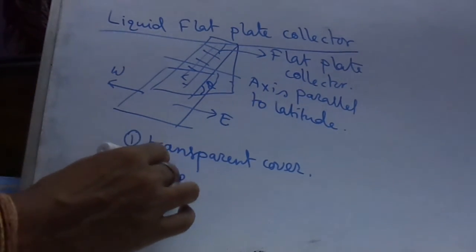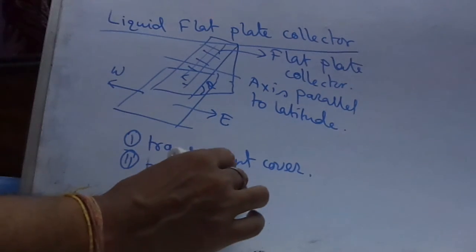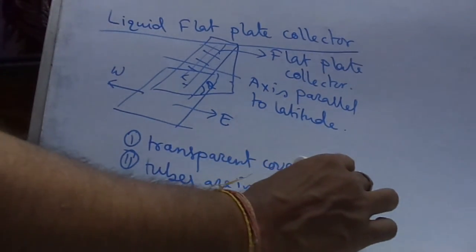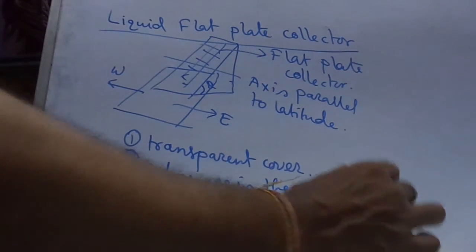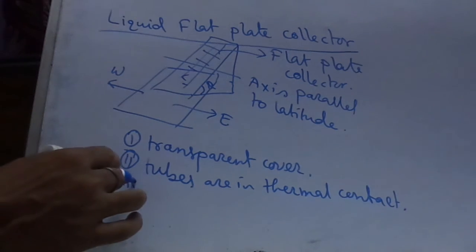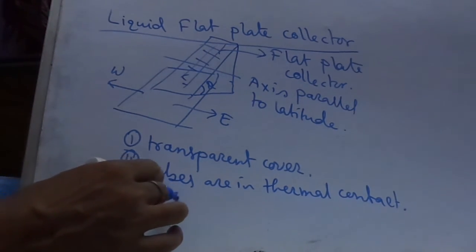Tubes are in thermal contact. Third one is the insulated container.